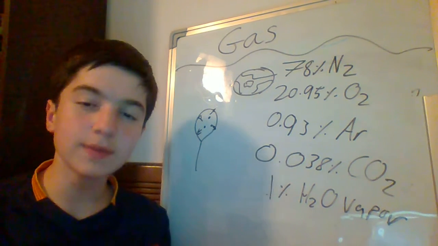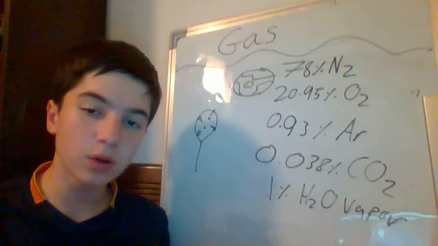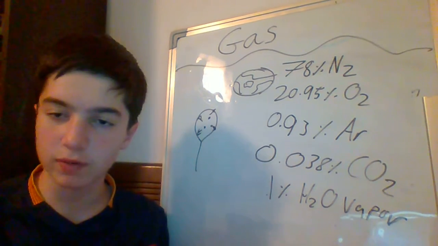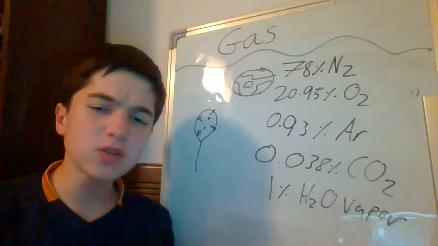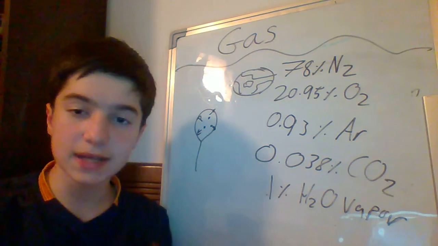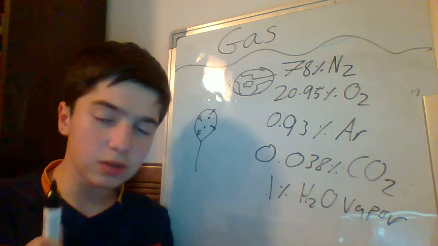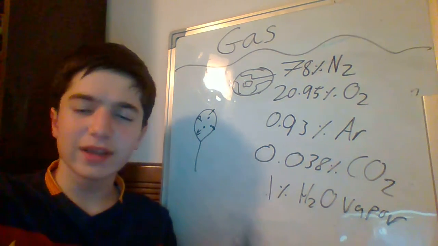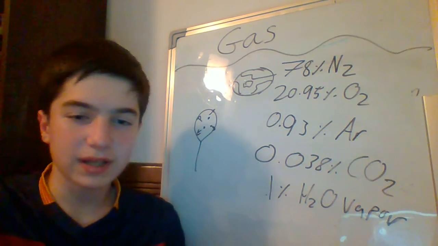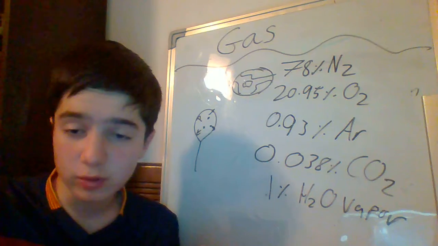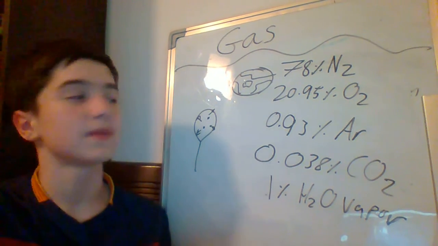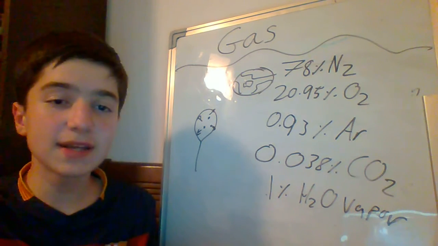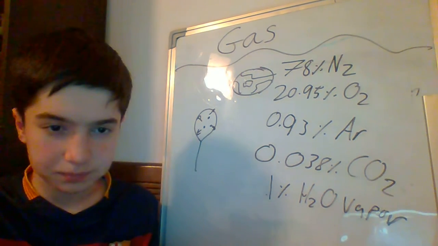It's going to be 0.038% of CO2 in the atmosphere of Earth. Now, the last one is water vapor. Yes, we have 1% of water vapor in our atmosphere. I think that's a new one for everyone, that we have water vapor in our atmosphere. So those are the percentages for each gas on Earth.